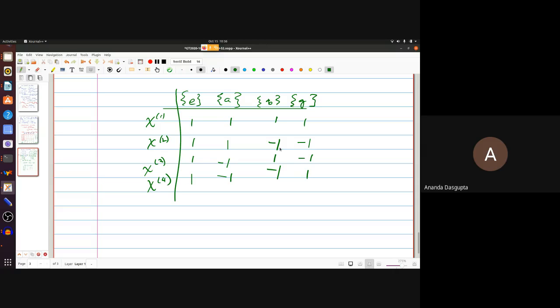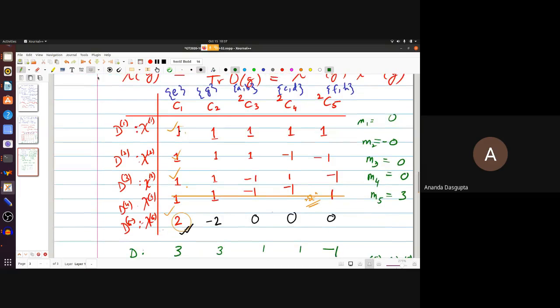Let's call them gamma 1, gamma 2, gamma 3, and gamma 4. These are the 4. Here the representation and the character of course is identical because these are all 1D.